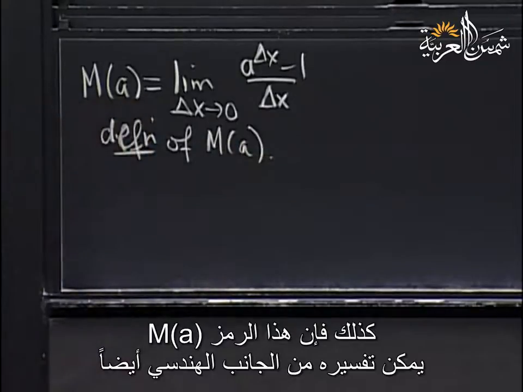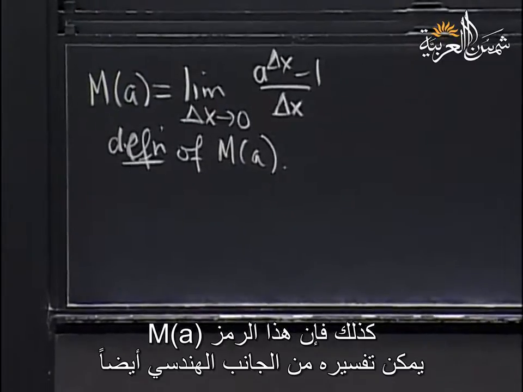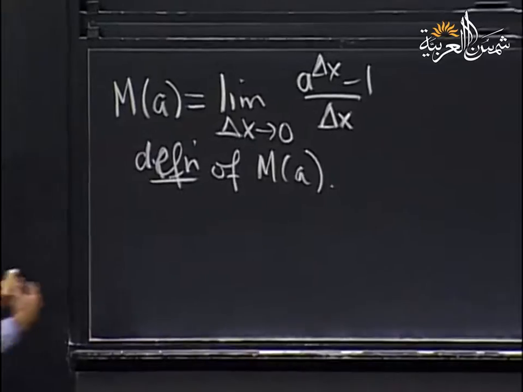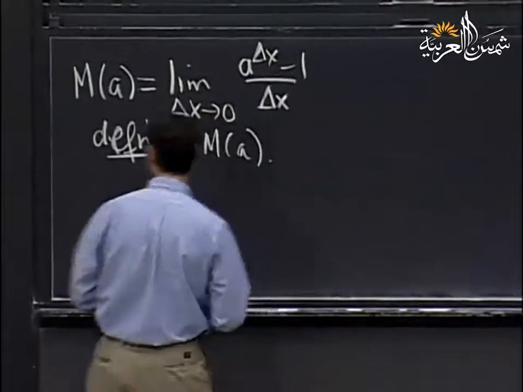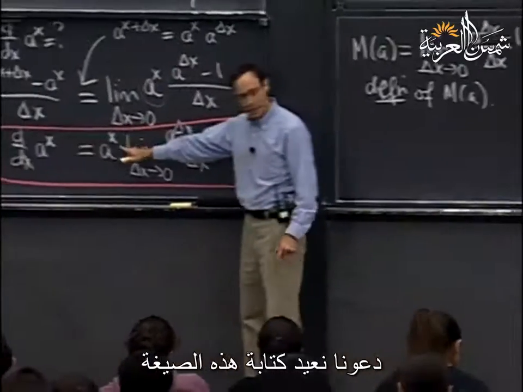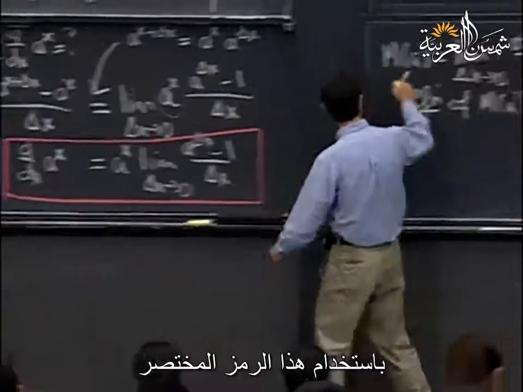This mystery number, m of a, has a geometric interpretation as well, and it's a very, very significant number. So let's work out what it is. First of all, let's rewrite the expression in the box using this shorthand.